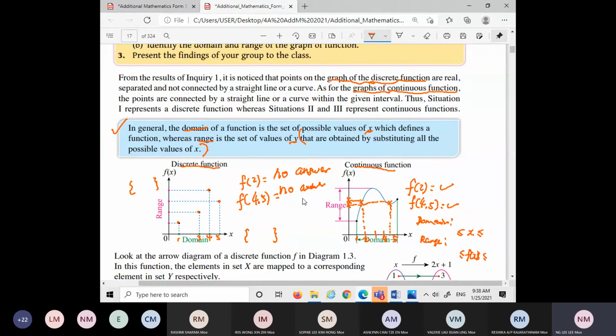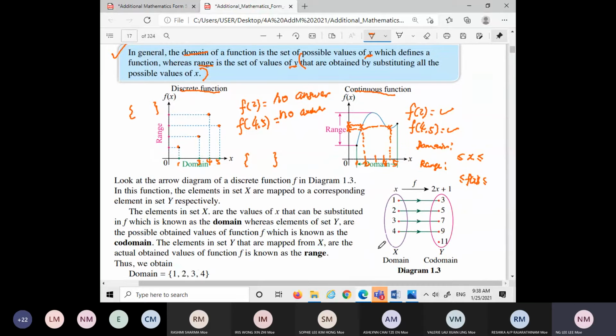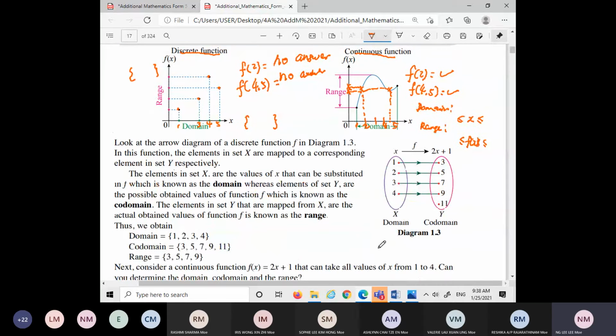Now we want to see the difference between the range and codomain. It's very simple, we just look at this example. Domain is the x value. For this case, this is a discrete function, so the domain is 1, 2, 3, 4.